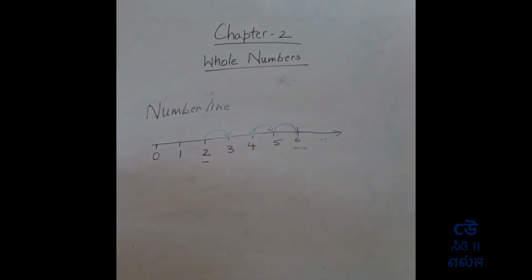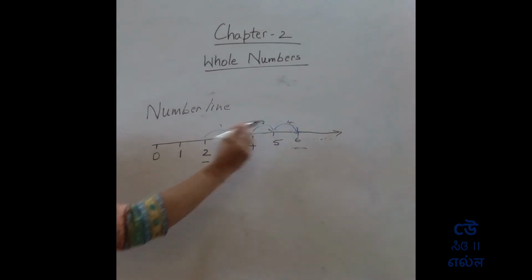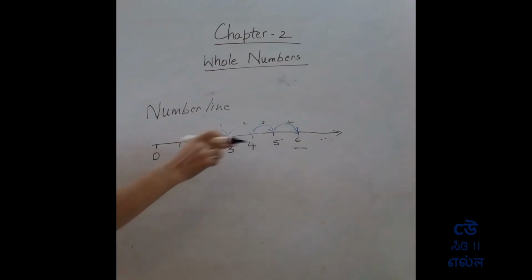So how many units do we have? 1, 2, 3, 4. So 4 units in between. You have to count like this, okay, children?